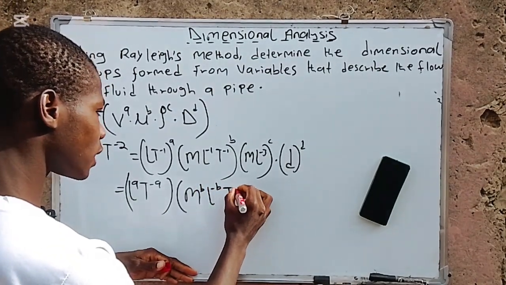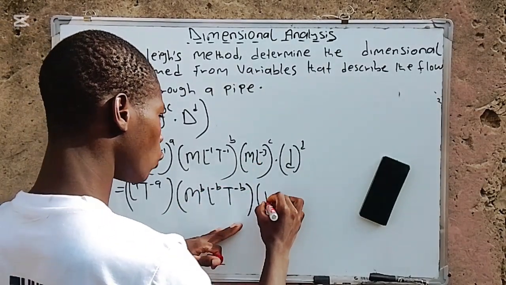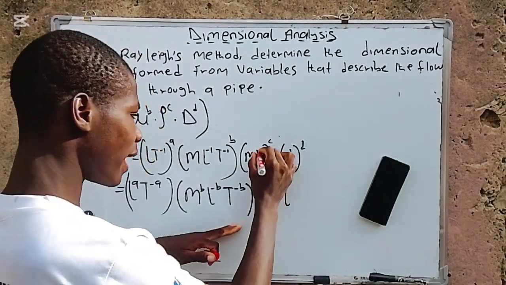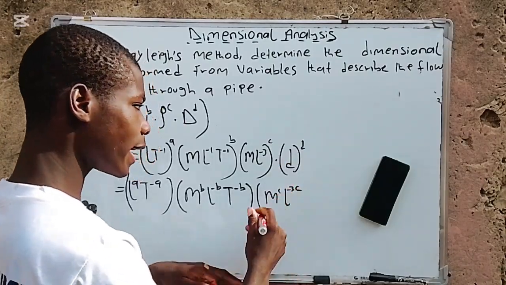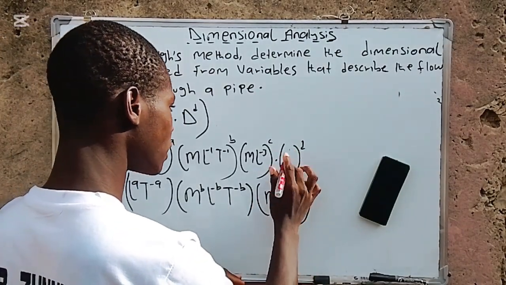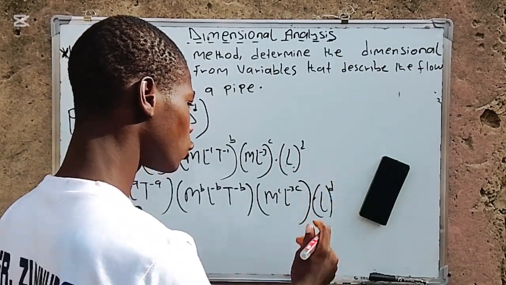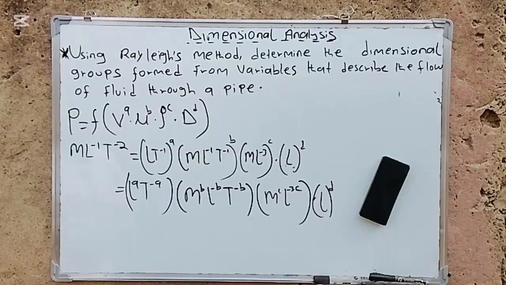Then M to the C, and L to the minus 3 multiplied by C gives me negative 3C, and therefore this will be L multiplied by L to the D.